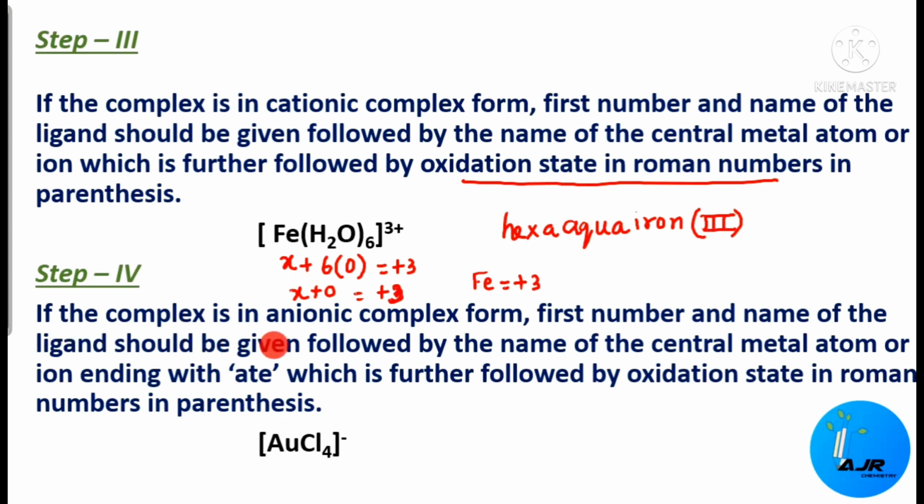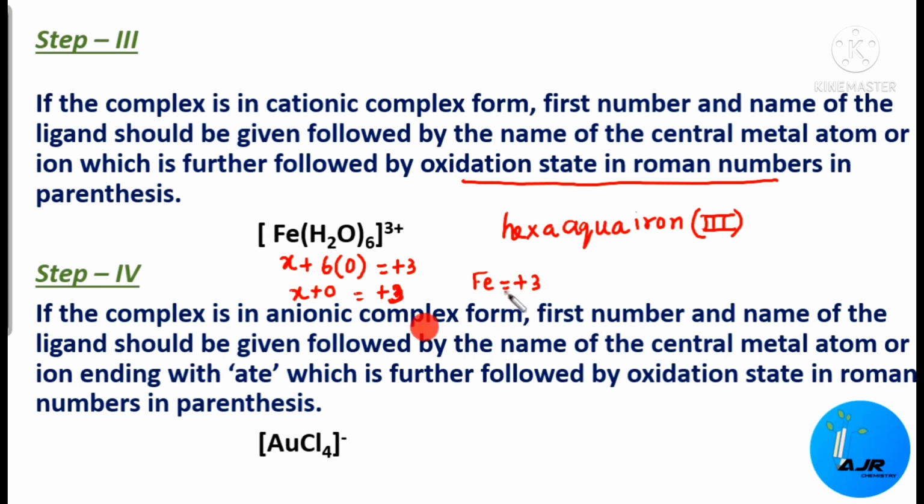If the complex is in anionic complex form, that means a negative complex, first the number and the name of the ligand should be given, followed by the name of the central metal atom or ion ending with ATE, which is further followed by the oxidation state in Roman numbers in parentheses. The same pattern you should follow here also for the anionic complex.